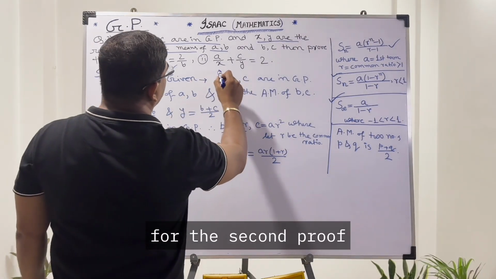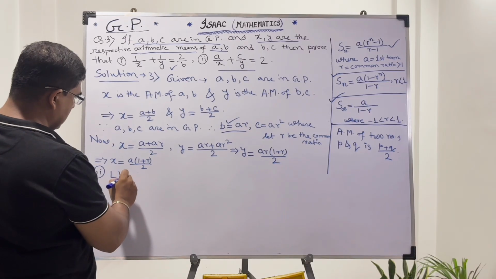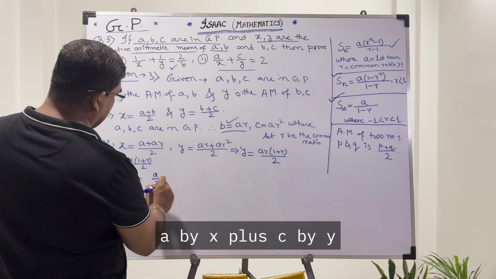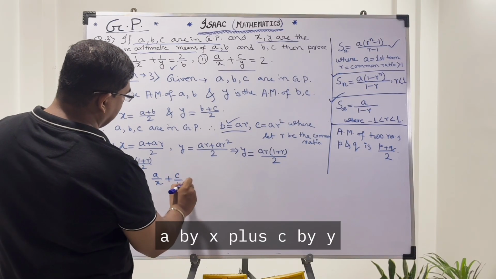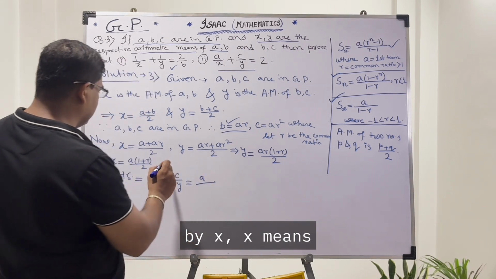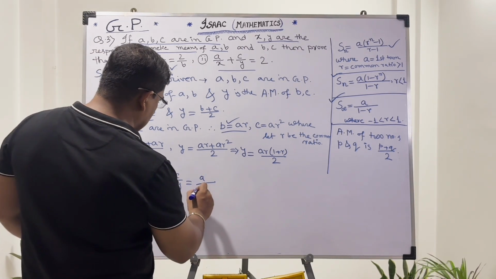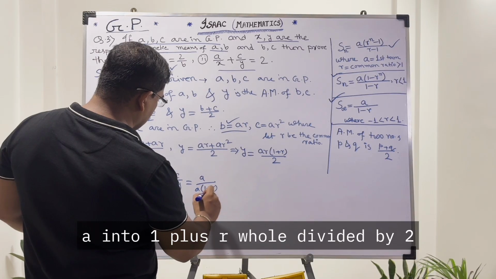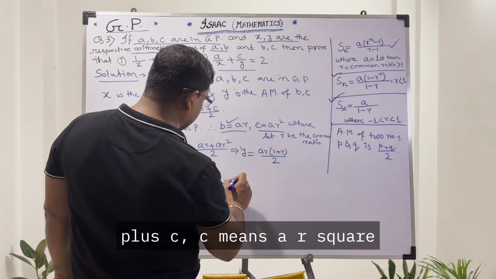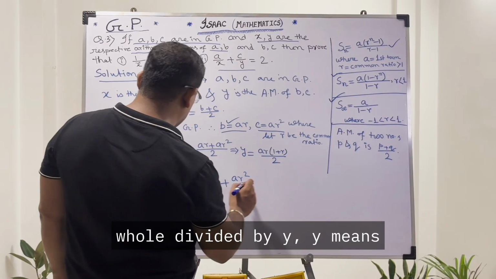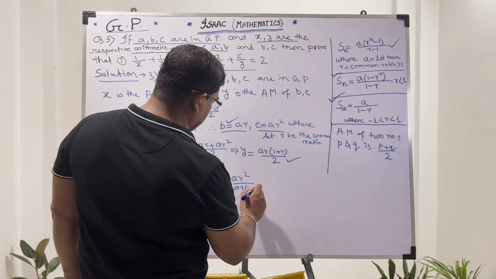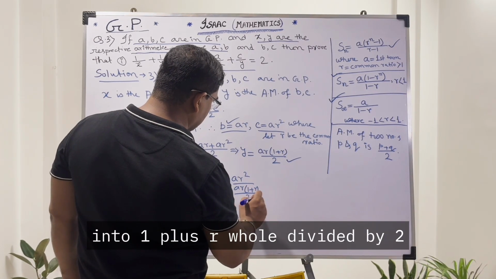For the second proof, LHS equals A by X plus C by Y. So, A by X, where X means A into 1 plus R whole divided by 2, plus C, where C means AR square, whole divided by Y, where Y means AR into 1 plus R whole divided by 2.